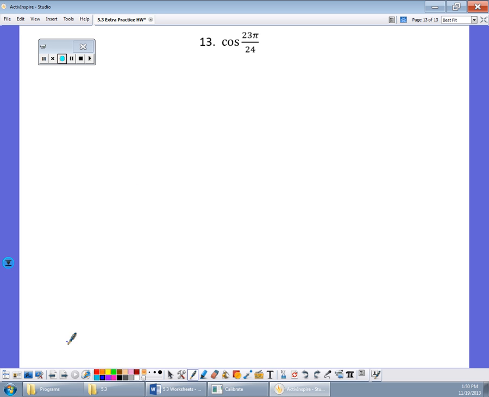I'll just say, this one didn't work for you, but if you had cosine of 23 pi over 12, to solve for that, you would just multiply 23 pi over 12 times 180 over pi.